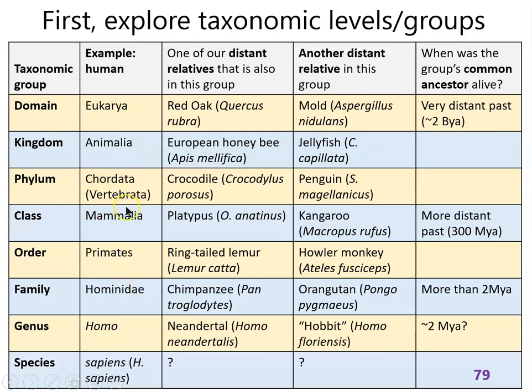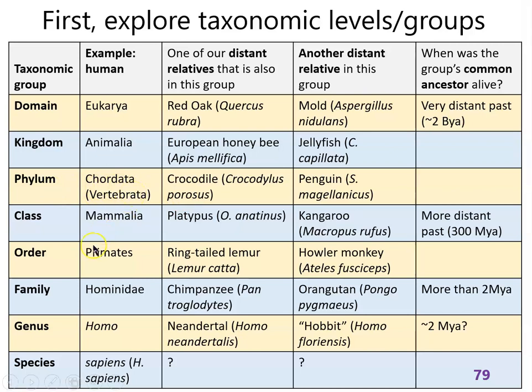And so for each of these groups, like within our phylum of the chordates, or the ones with notochords and vertebrae, what's a distant relative? What's the most distant relative I could think of that's still in our phylum? There are some really weird fish in this group, but I came up with a crocodile and a penguin. They're both in that same phylum and they are distantly related.